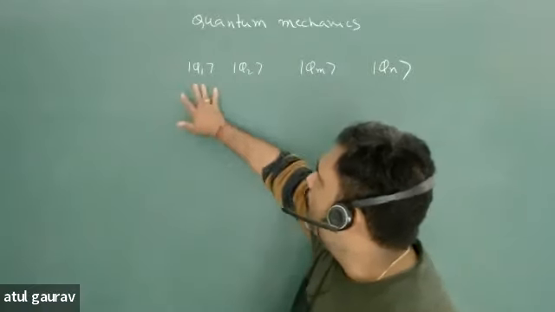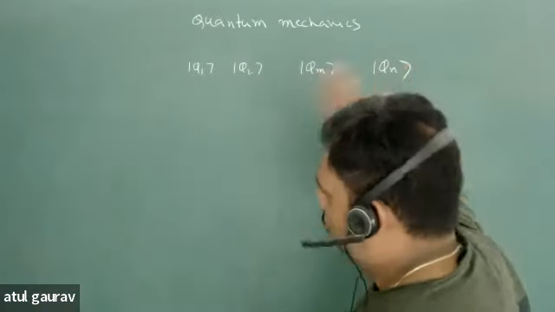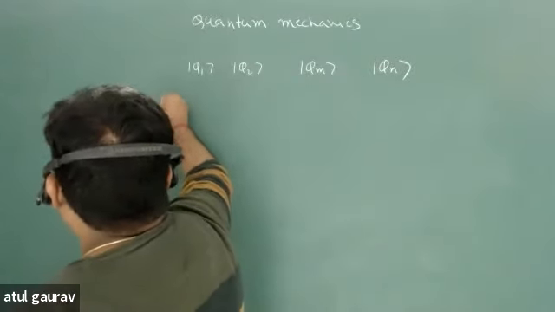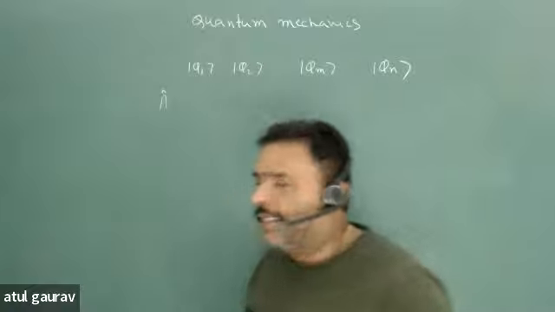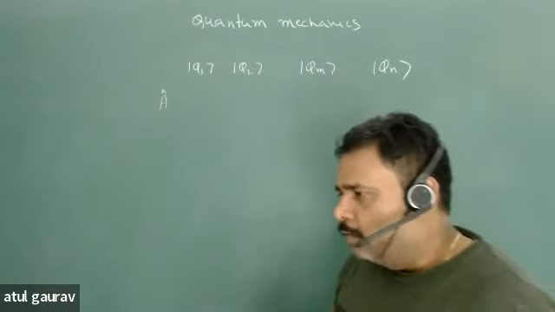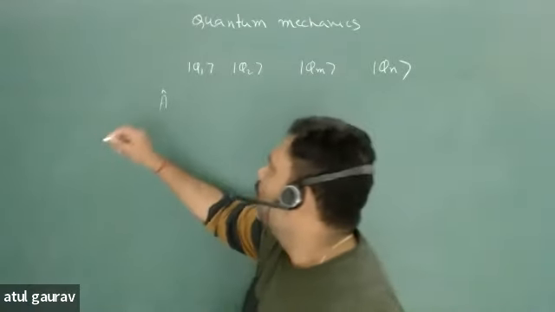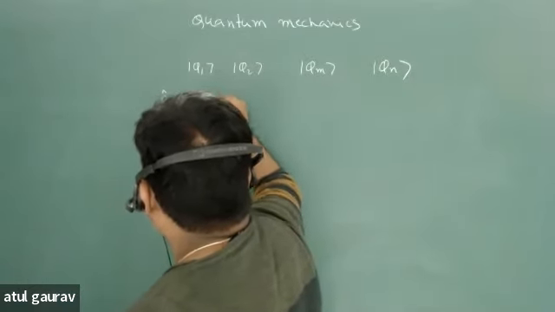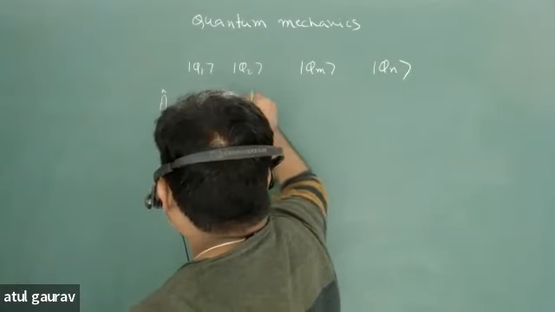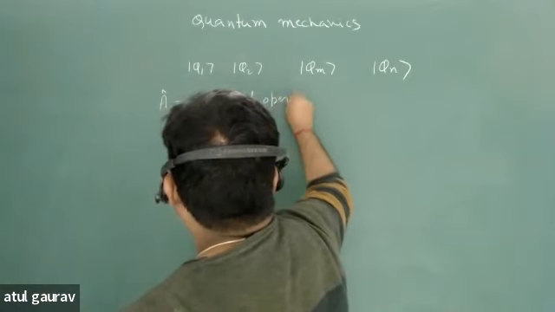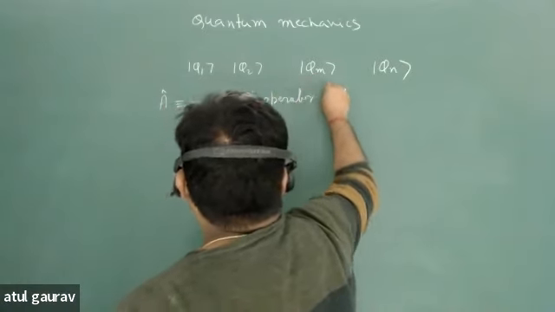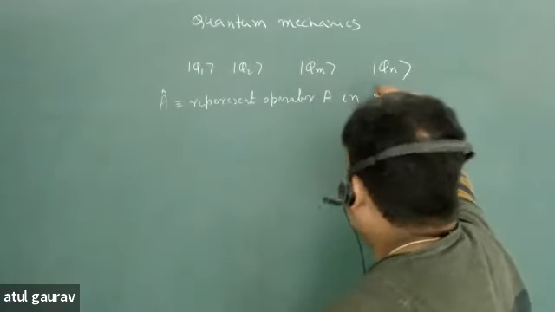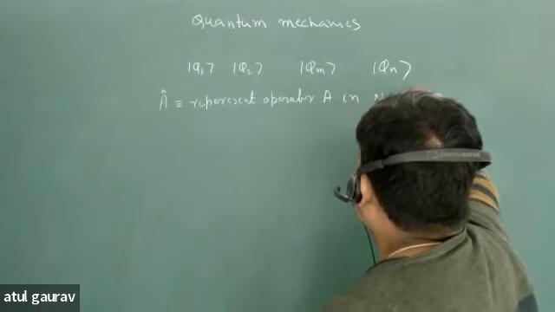So what we have: phi 1, phi 2, phi m up to phi n. And suppose any operator A is defined. Obviously, if this operator A is defined, what we have to do? We have to represent operator A in matrix representation.